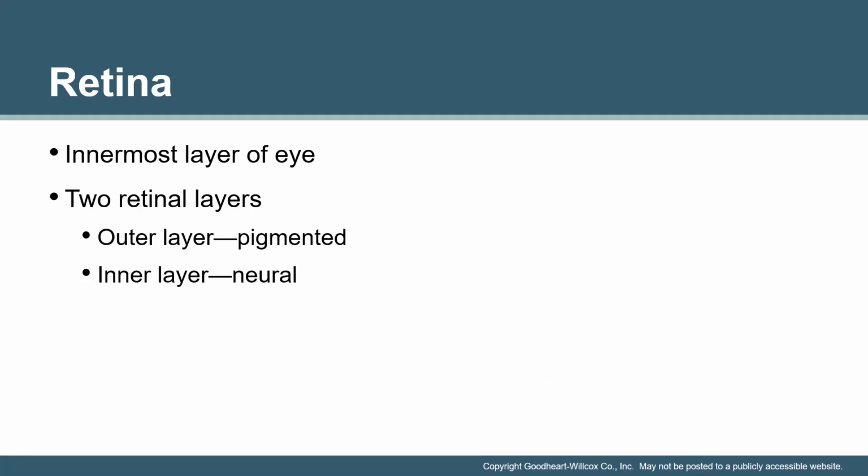Within the retina, we have 2 layers. We have an outer layer that absorbs light and stores vitamin A. And then we have an inner layer. And this is where we do a lot of our sensory detection.